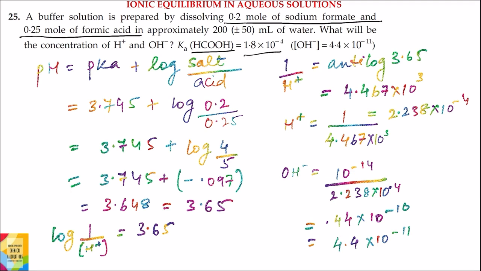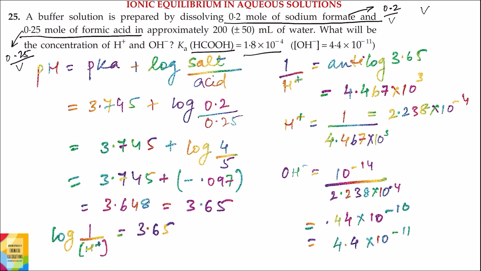Now, since the volume of water varies between two limits, let the volume of solution be V liters. Now, the concentration of sodium formate will be moles of sodium formate divided by the volume of solution, so this will be 0.2 by V, and the concentration of formic acid will be 0.25 divided by V in moles per liter.